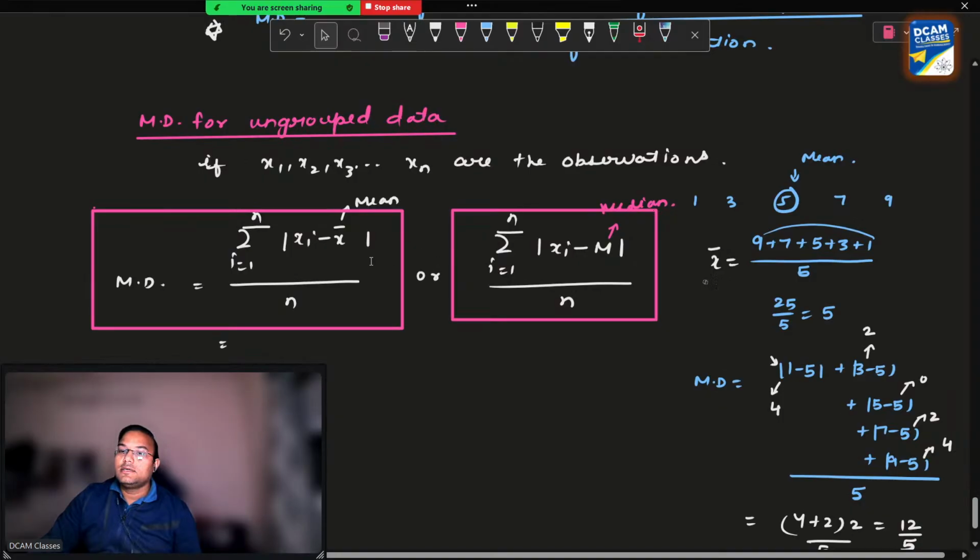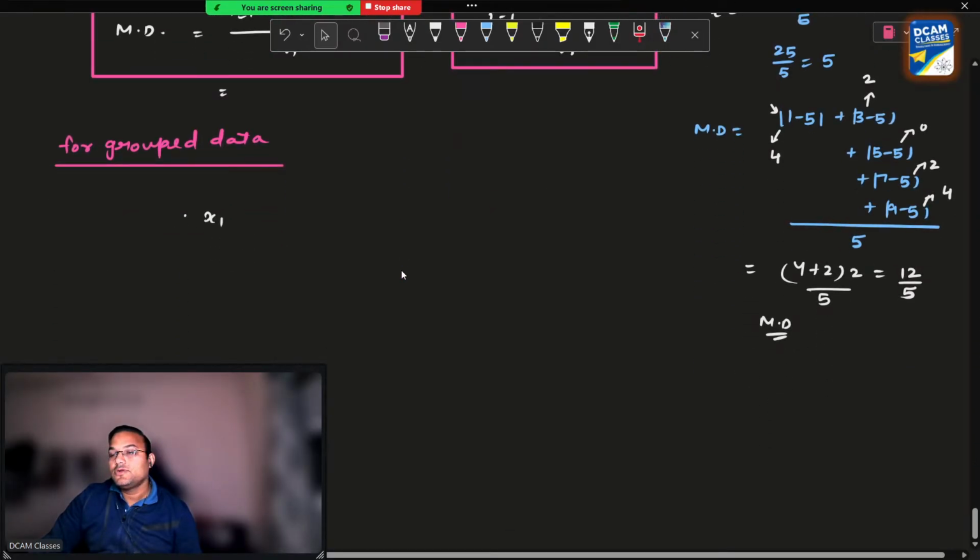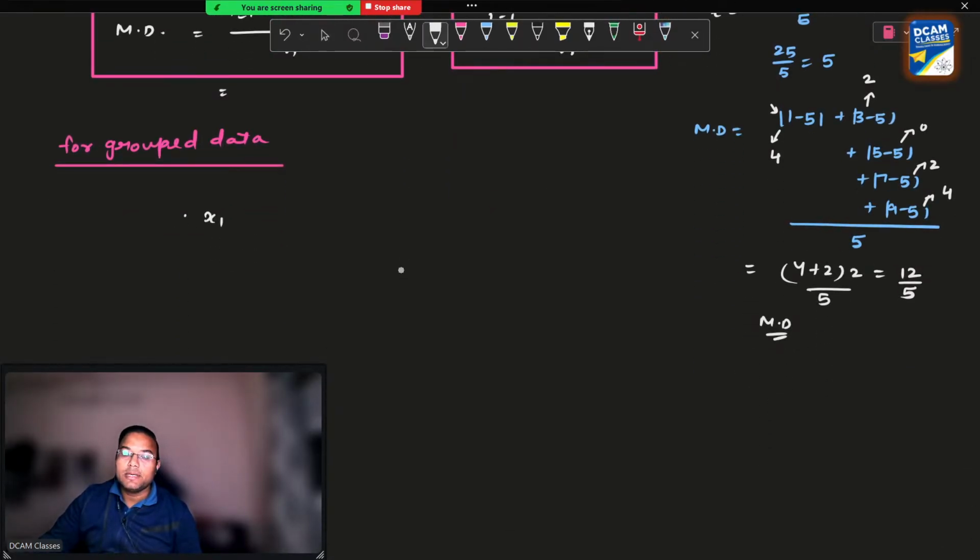For grouped data, the observations are x1, x2, x3, x4, x5, and the frequencies are also there, f1, f2, f3, f4, f5. What do these frequencies represent?